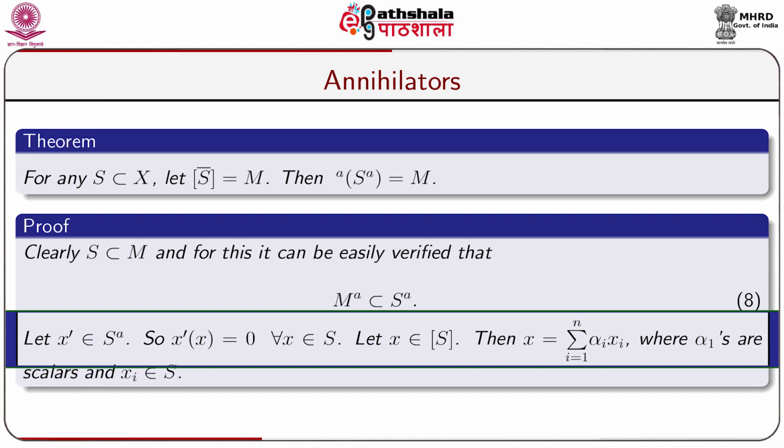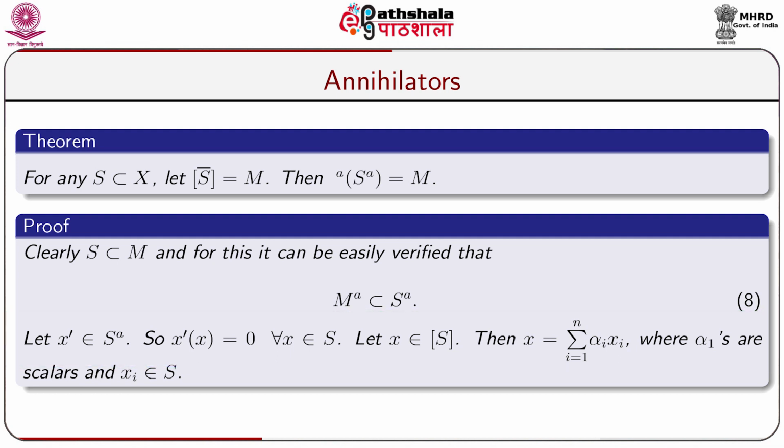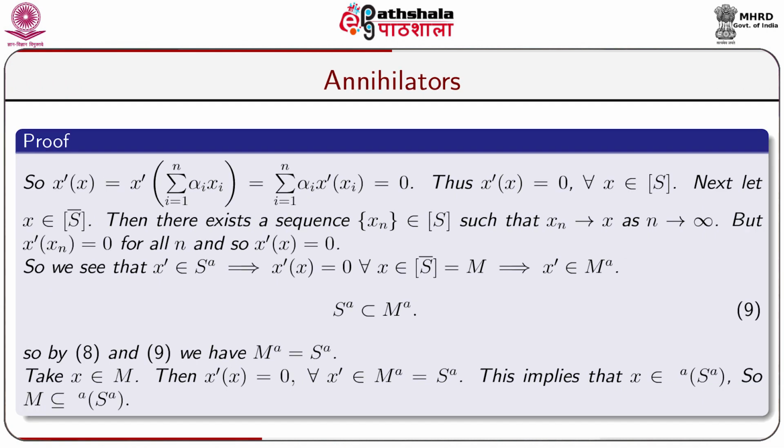So x'(x) equals 0 for all x belonging to S. Let x belong to [S], then x equals the sum over i from 1 to n of alpha_i xi, where the alpha_i are scalars and xi belongs to S. So x'(x) equals x' of the sum of alpha_i xi, which is equal to the sum of alpha_i x'(xi), which is equal to 0.